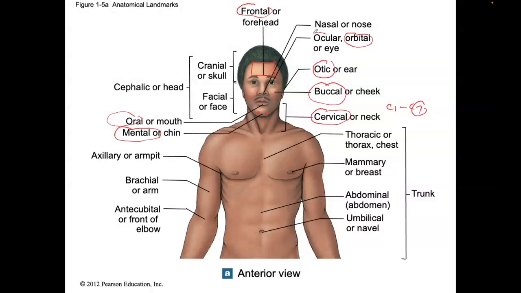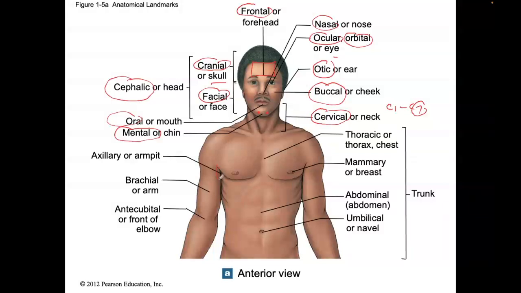Orbit or orbital or ocular refers to the eye. Nasal refers to nose. Cranial is your skull. And your skull has facial bones. When we're talking about the cranium and the facial bones combined, we can say that is cephalic.